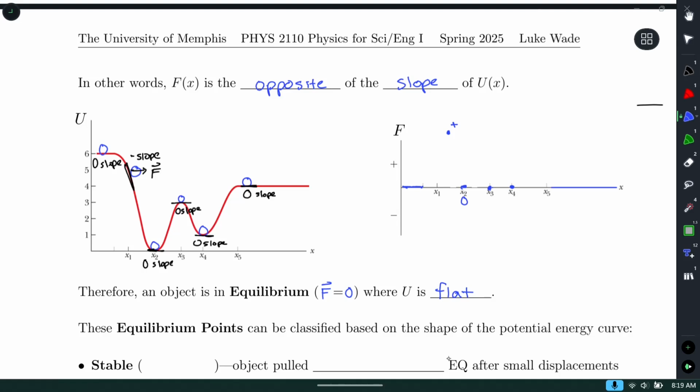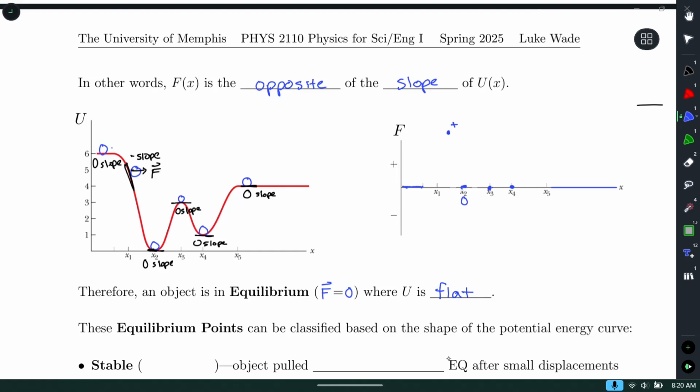Yes. Okay, great. So everywhere between here and as I'm falling down to the bottom, what can I say about the force? Is it positive or negative? Remember, it's the opposite of the slope between those 2 points. Between up here and then down to x2, because I've got to connect the dots between those two. It's positive.